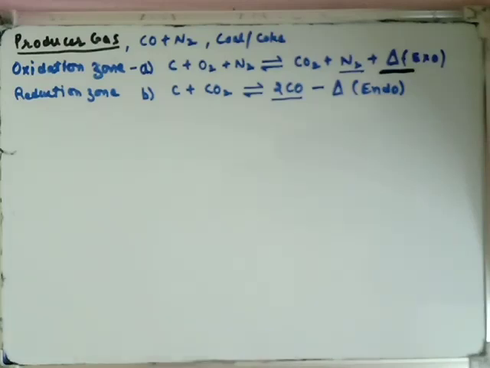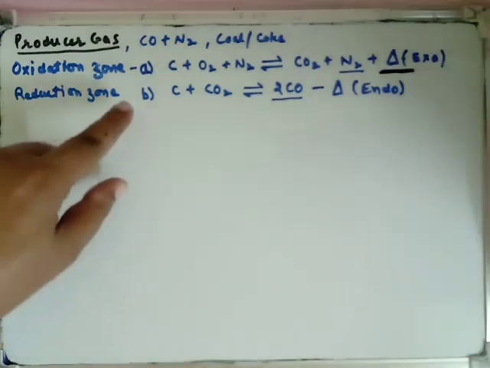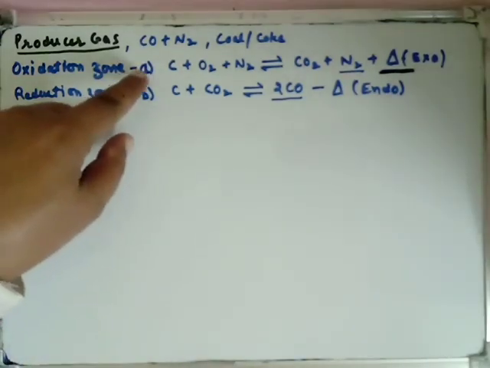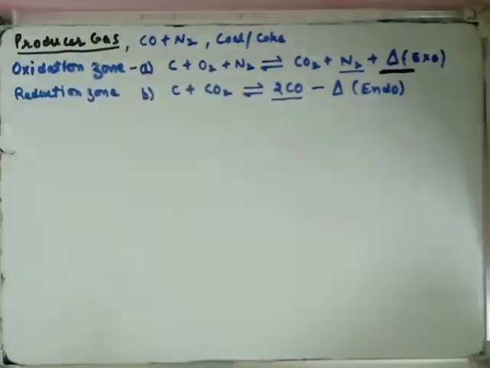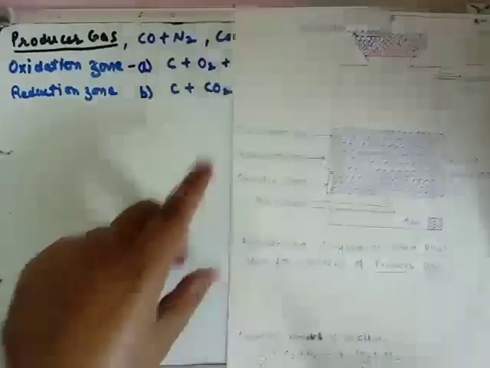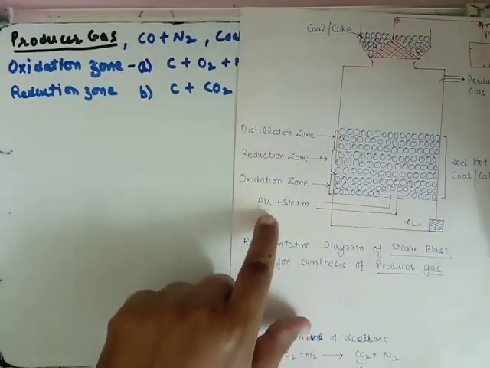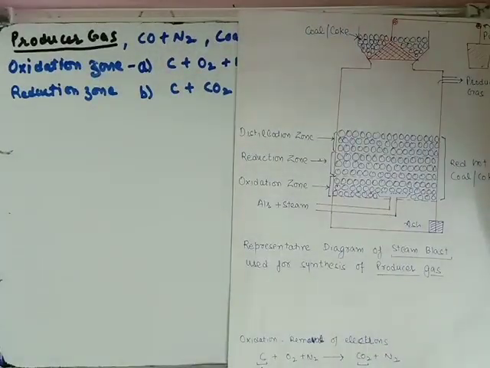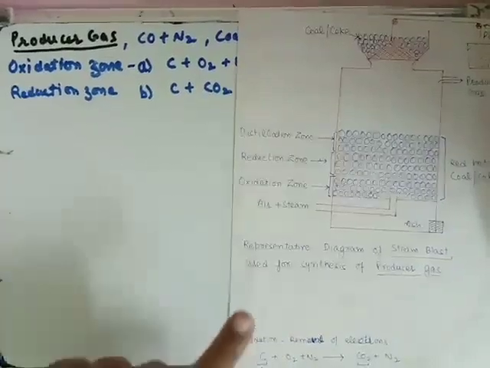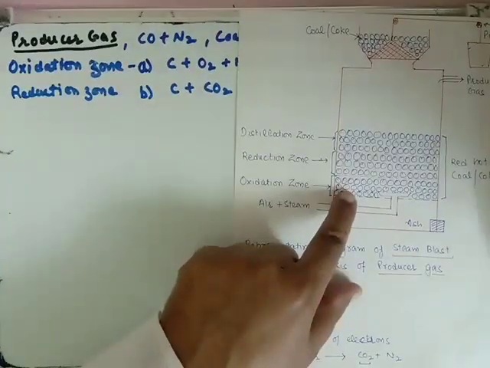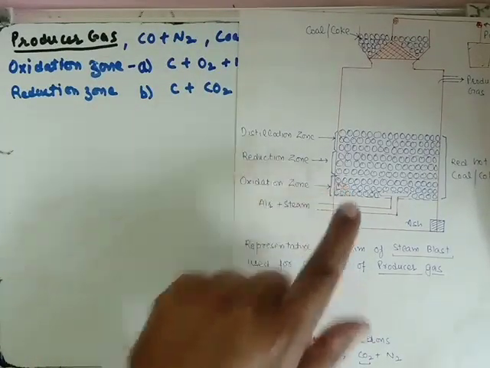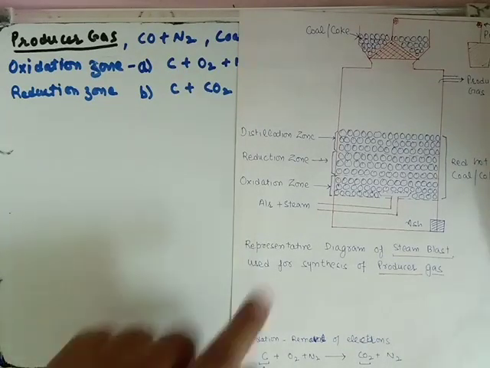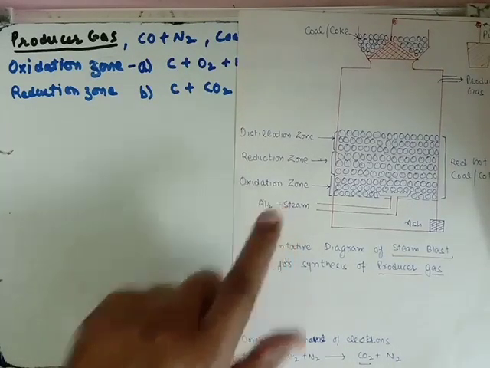But here we have only discussed the reaction of carbon with air. Coming to the gas producer, along with air, steam is also passed in the gas producer, right? So carbon present in the gasifier has already reacted with air, but the reaction with steam is going to happen now.